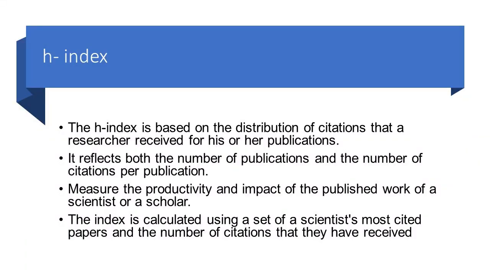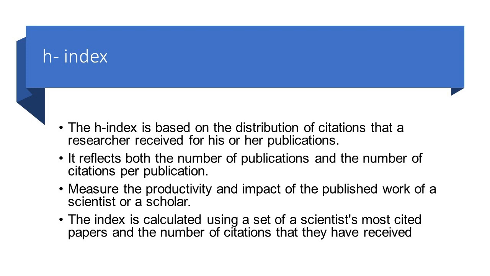Actually, H index reflects both the number of publications and the number of citations per publication. So it measures the productivity and impact of the published work of a scientist or a scholar.